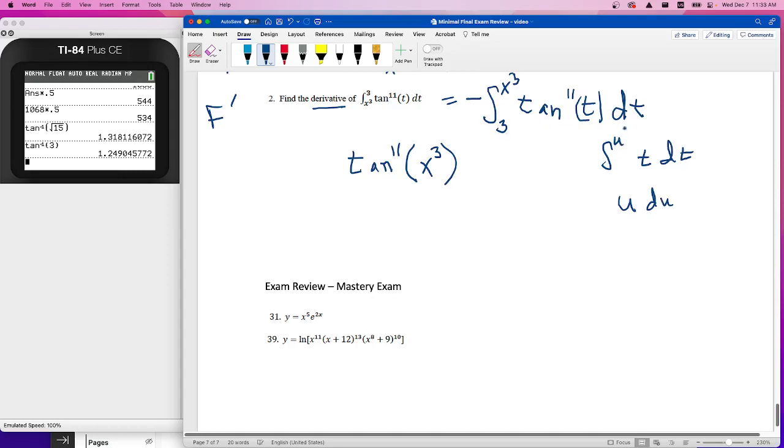Now, if this is just u to the 1 power, the derivative of u is 1, right? But if it's not, say it's x to the third, what is the derivative of x to the third? Well, that's 3x squared. So without getting too funky on the symbols, whenever we have something other than just x to the 1 power in here, we have to use the chain rule derivative.